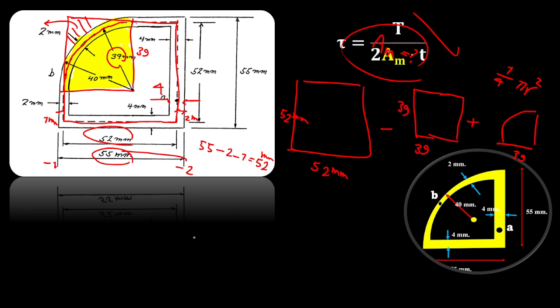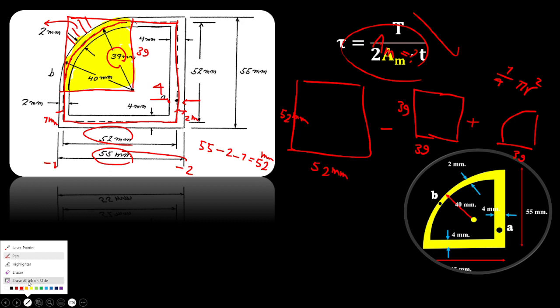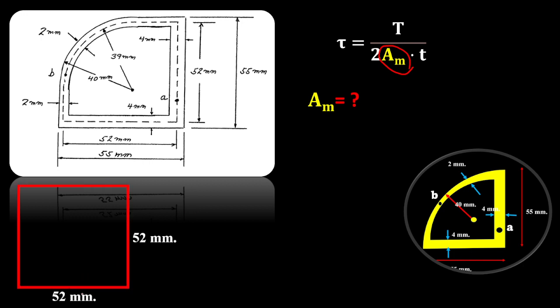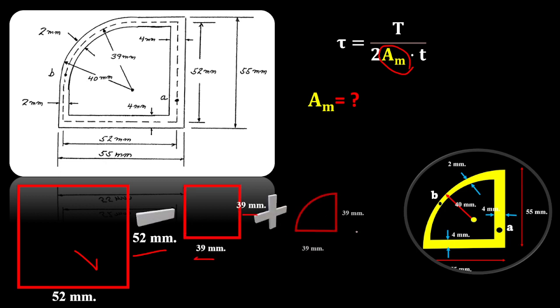So let's see how we can approach our problem. Let's make it a bit cleaner. We are looking for A_m. This is our biggest square, 52 by 52, minus a smaller one, 39 by 39, plus a quarter of a circle with radius 39.